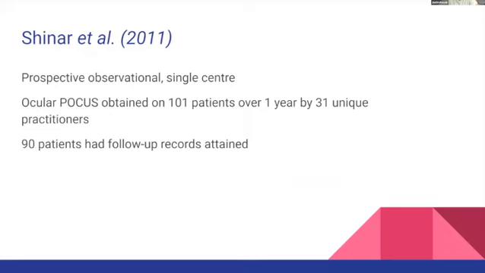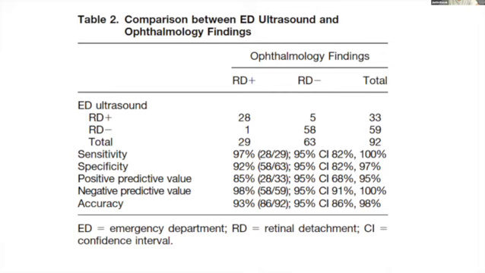And then they ended up with 90 patients that were included in the study. And as you can see, they have pretty similar results overall. The sensitivity for POCUS for retinal detachment, they're only focusing on retinal detachment, was 97%, and specificity was 92%.